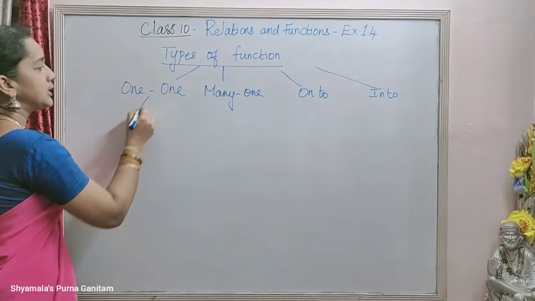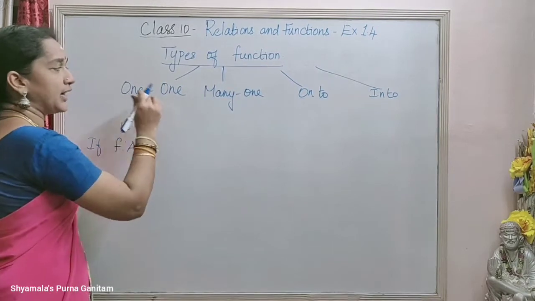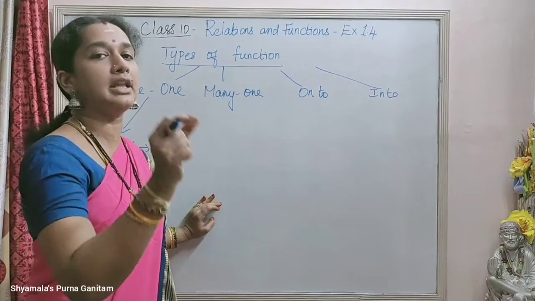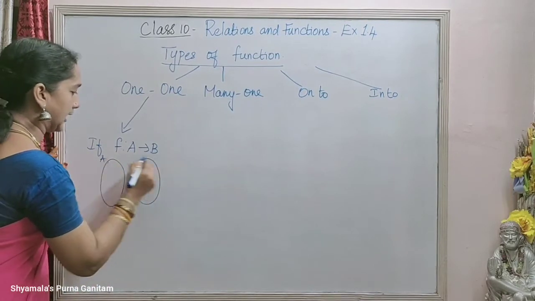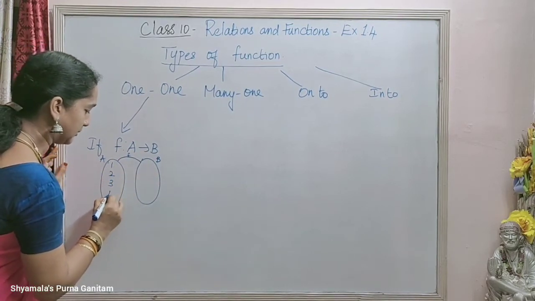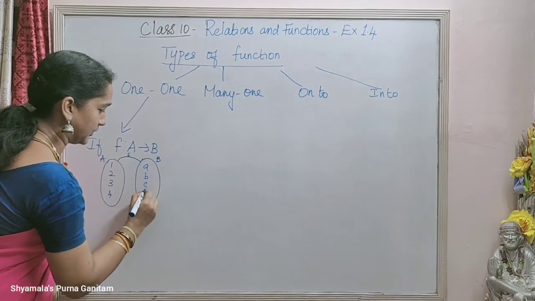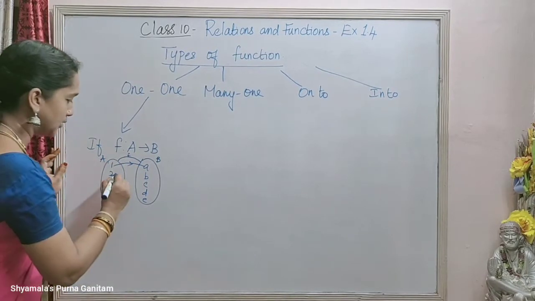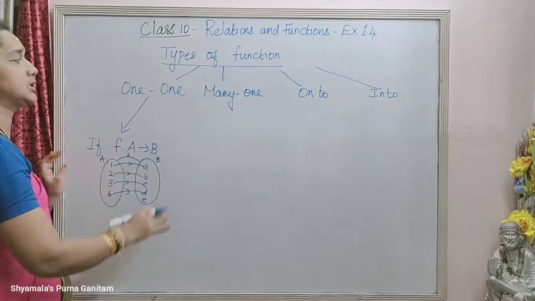Okay, so the first one is one-to-one function. If a function from A to B is defined as a one-to-one function, then the distinct elements in A have distinct images in B. That is, if you take 2 sets A and B, connected with a function f, different elements in A have different images in B. For example, 1 to A, 2 to B, 3 to C and 4 to D. So this is called one-to-one function.